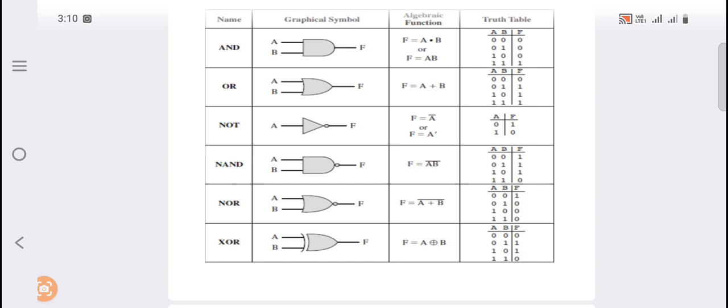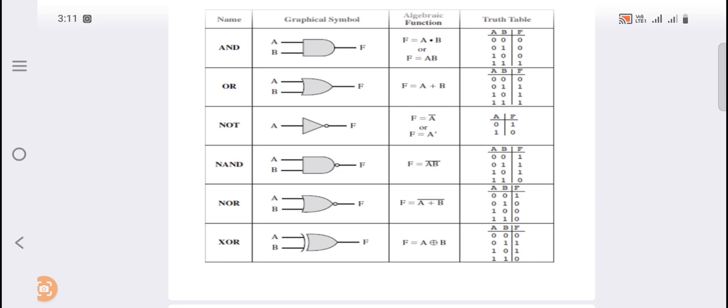An OR gate outputs 1 if one of the inputs is 1; it only outputs 0 if all inputs are 0. Then NOT gate. A NOT gate takes a single input and outputs the logical inverse of the input. If the input is 0, the output is 1, and vice versa.